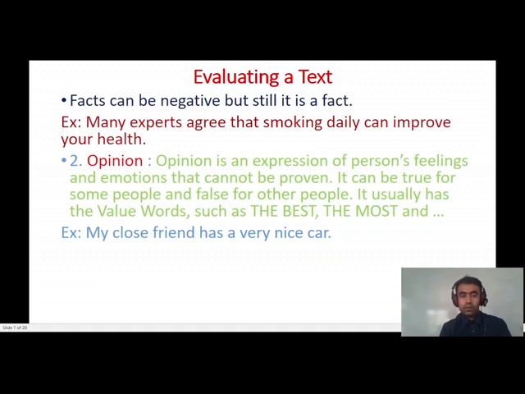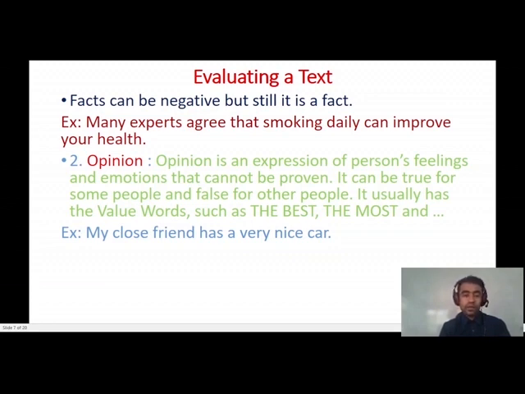For example, my close friend has a very nice car. So this is a nice car, but it's only nice for his friend. Maybe some other people will not see it as nice. So this is an opinion. An opinion cannot be proven. You cannot see if it's really nice because it's only based on emotions and feelings.